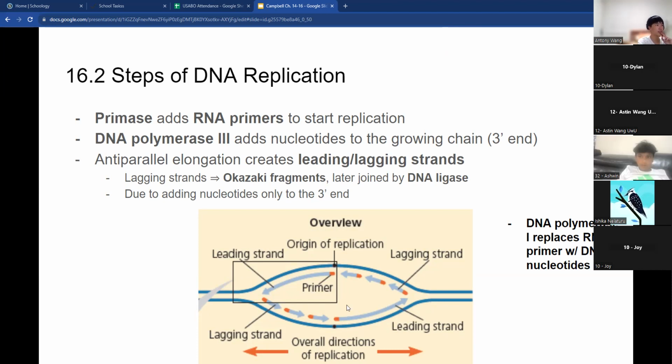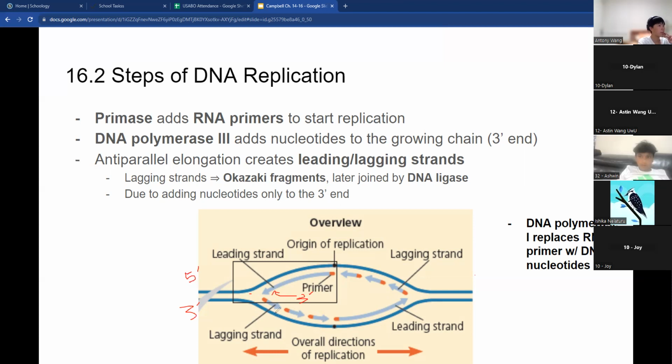This is important because, let me see if I can annotate. Let's say this side of the parent strand is the 5', and this side of the parent strand is the 3'. We'll just look at this side for now. Because DNA is antiparallel, this daughter strand right here will be 3'.